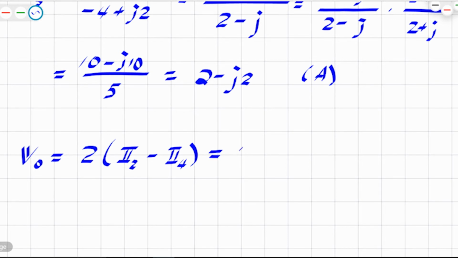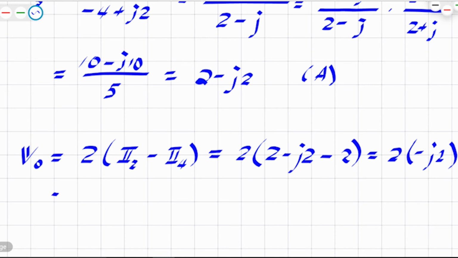So we have 2 times 2 minus J2 minus I4, and I4 is 2. So we have 2 times, inside here is negative J2.